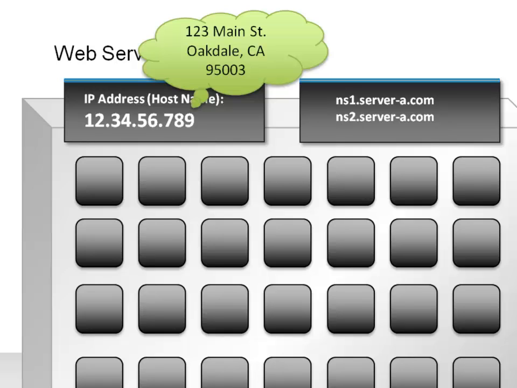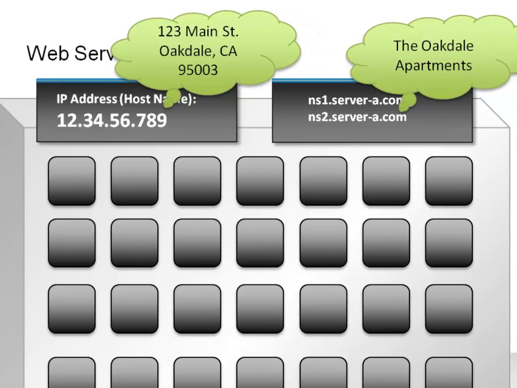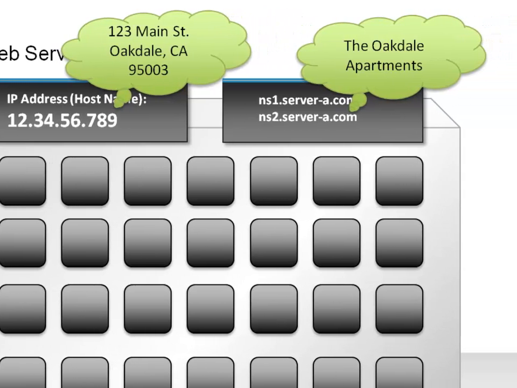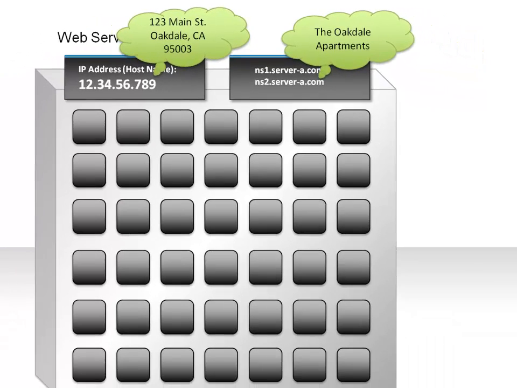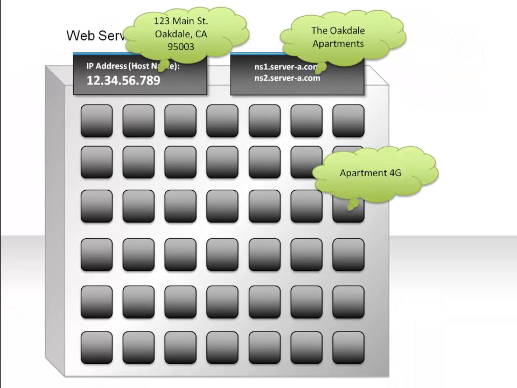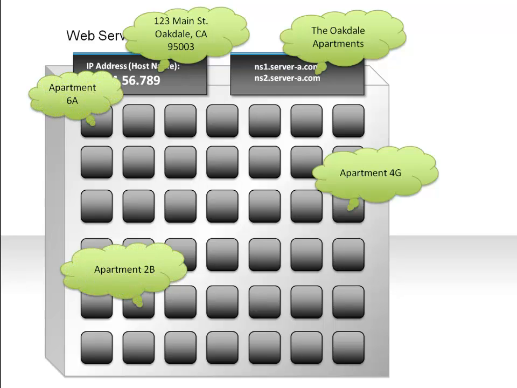Whereas the name server part of the server, that's kind of like the name of the apartment, if we called this the Oakdale Apartments. And each web hosting account where you would store your website is sort of like renting an apartment. So you might be in apartment 4G and somebody else in apartment 2B, and other people on the server have their unique apartments, each one secured and each one locked by a different key. So a web server is, as you can see, very much like an apartment building.